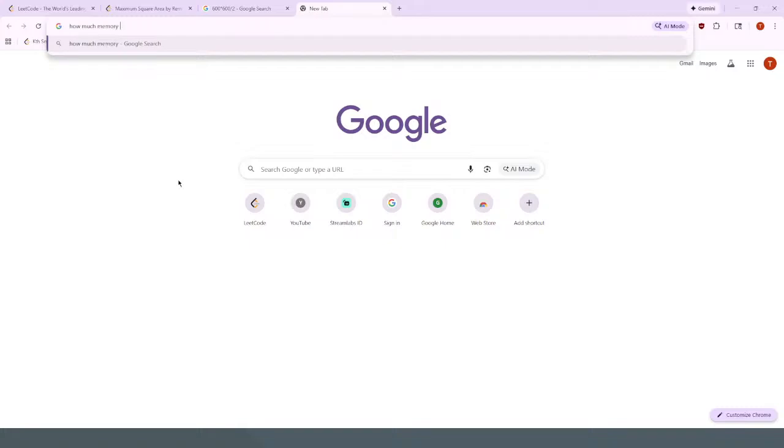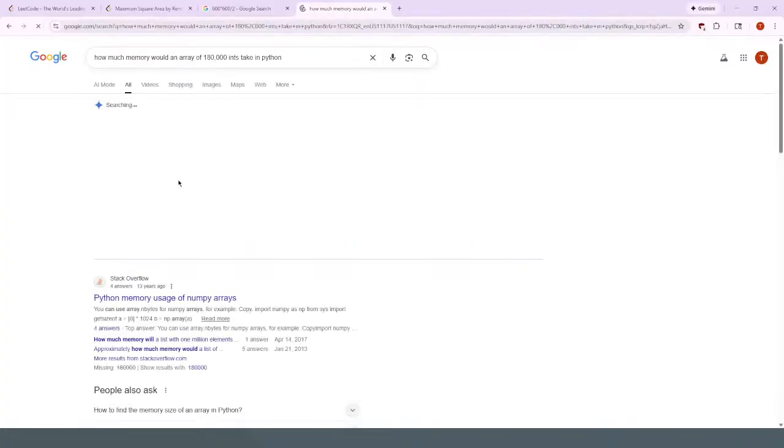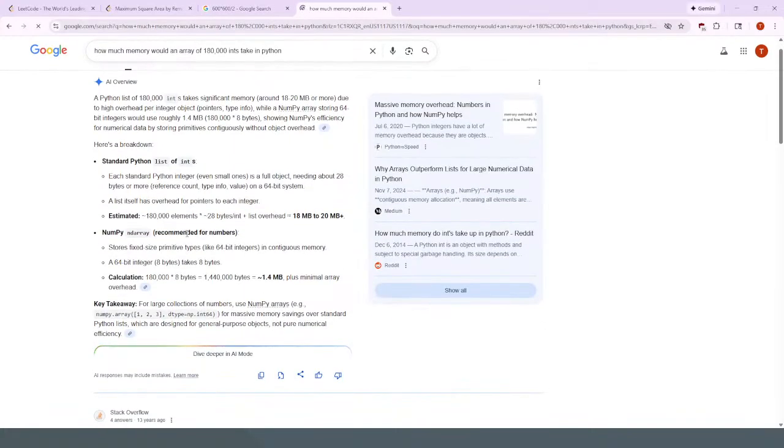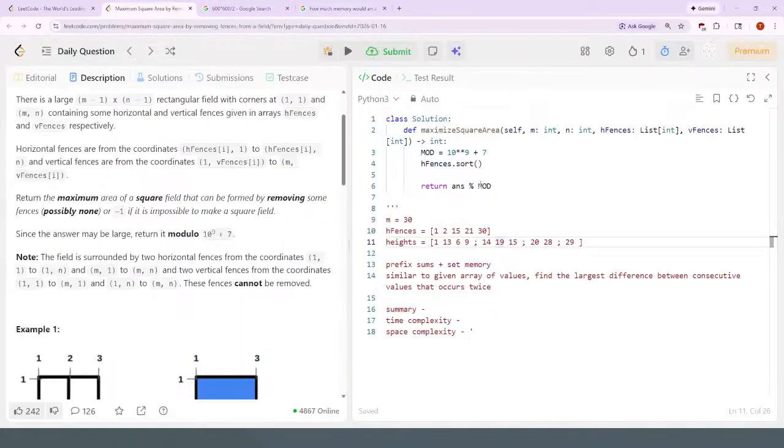How much memory would 180,000 integers take in an array? Maybe that's actually not too bad. 20 megabytes. Okay, alright, let's just go ahead and try it.